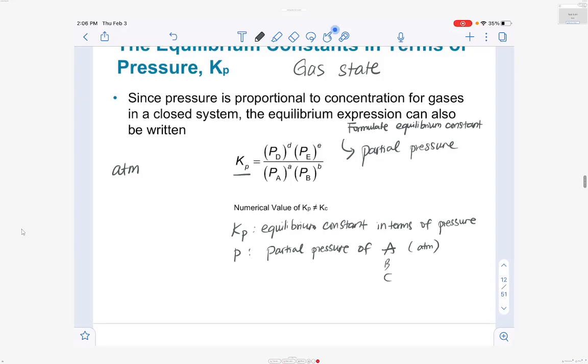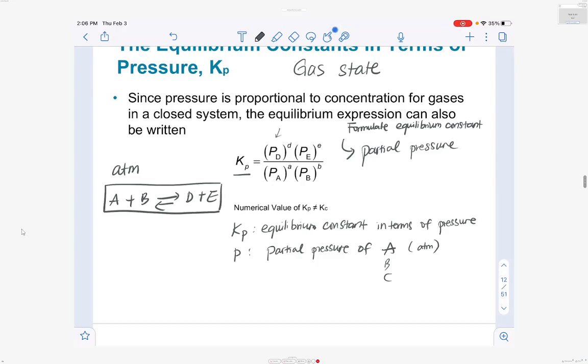So PD is partial pressure of compound D. We're working with this equation, by the way.